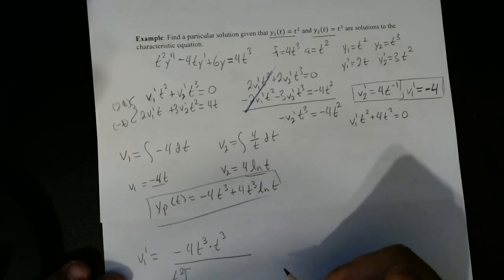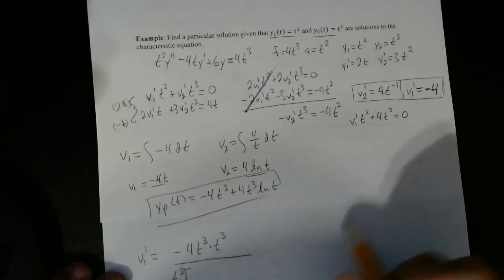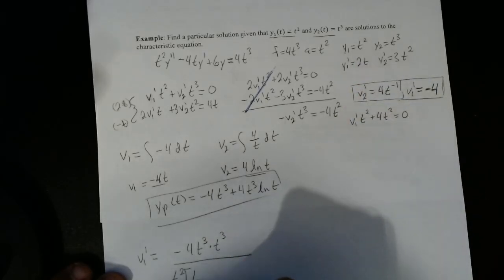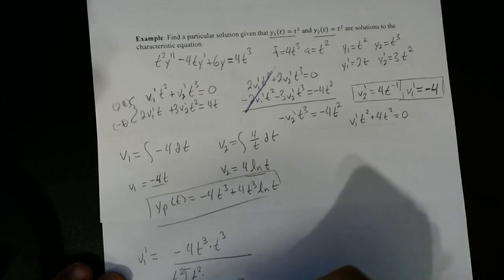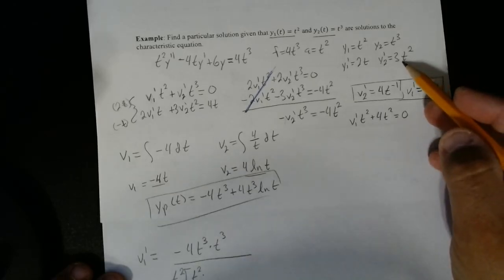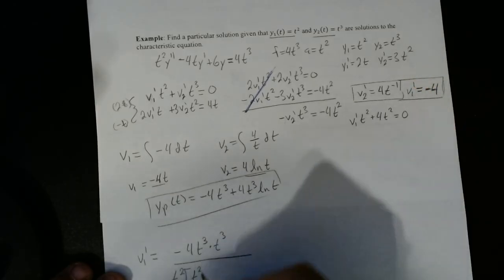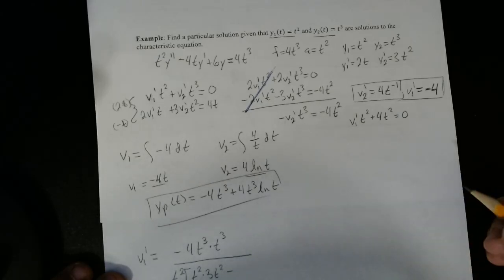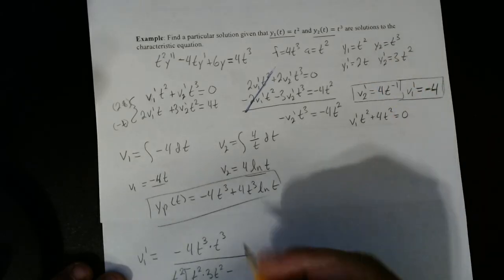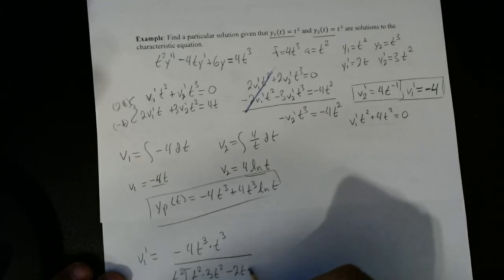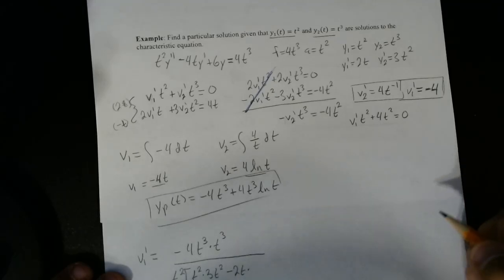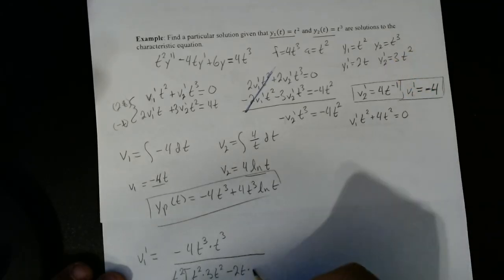So on the inside we have y1 times y2 squared prime, and then this one times this one.